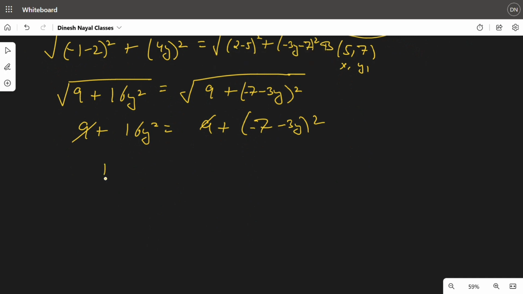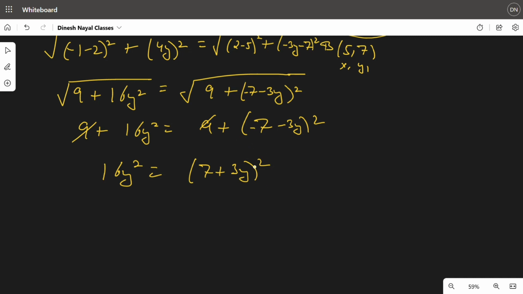Solving this, 16y square equals. Now see, this is actually whole square. So what we can do, we can take minus sign common and take it outside, and minus sign whole square will be positive. So you can write this thing as 7 plus 3y whole square. Understood? What we have done, I am again repeating that, because minus sign we can take common, and this is in square.